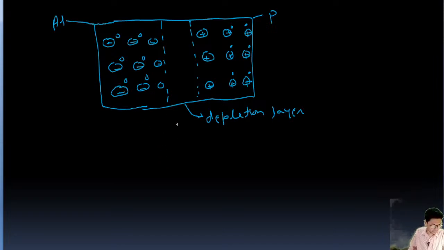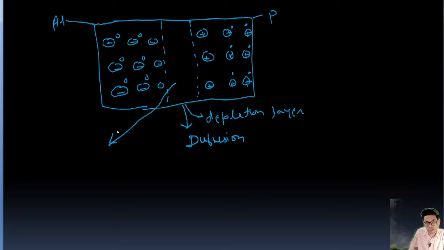This is called the depletion layer and also diffusion. This layer is also called the recombination region.